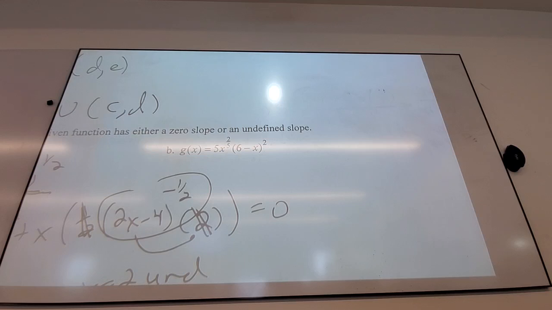What's the primary rule you're going to use? Product rule. That's one function times another function. Later, there's going to be a slight chain rule, but I don't have to know that at first. I just have a function times a function, product rule.